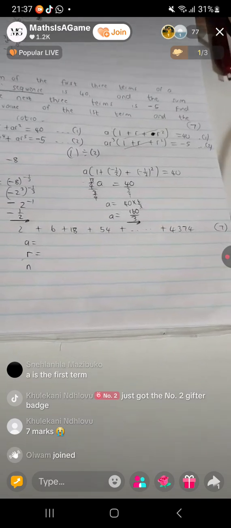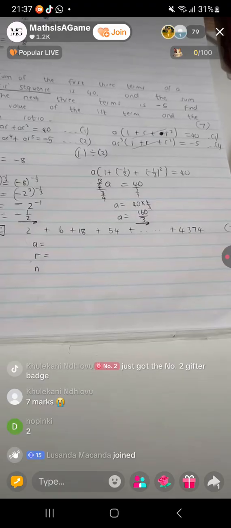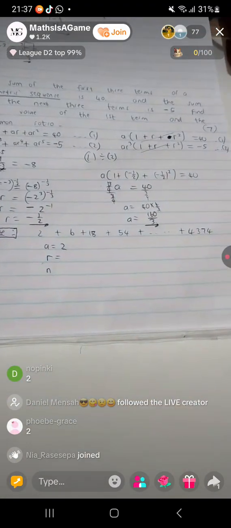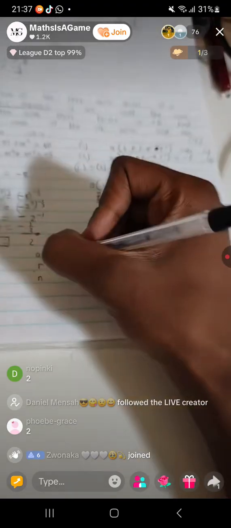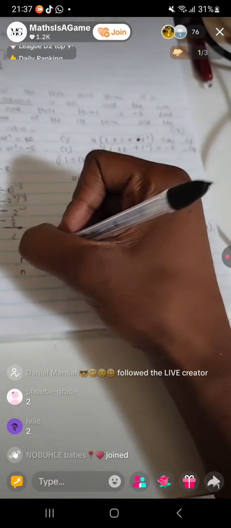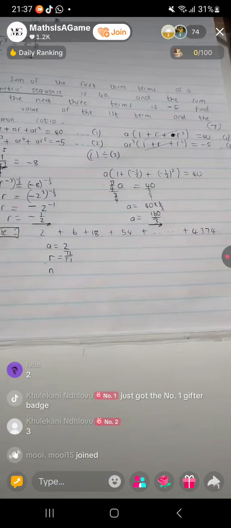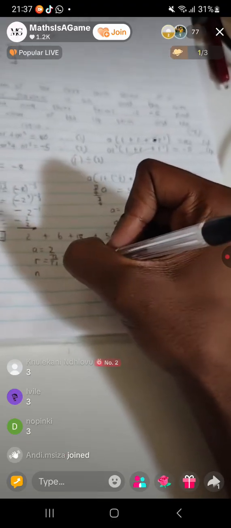Yes, 7 marks. Very true, because we need N first. Okay, A is 2, because A is the first term. What is the value of R? Okay, you guys already told me what R is. Okay, 3. T2 divided by T1, which is 6 divided by 2. That gives us 3.